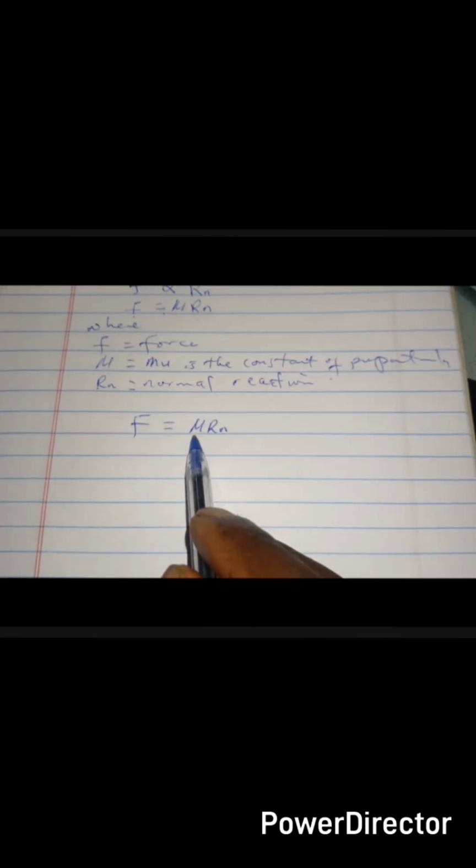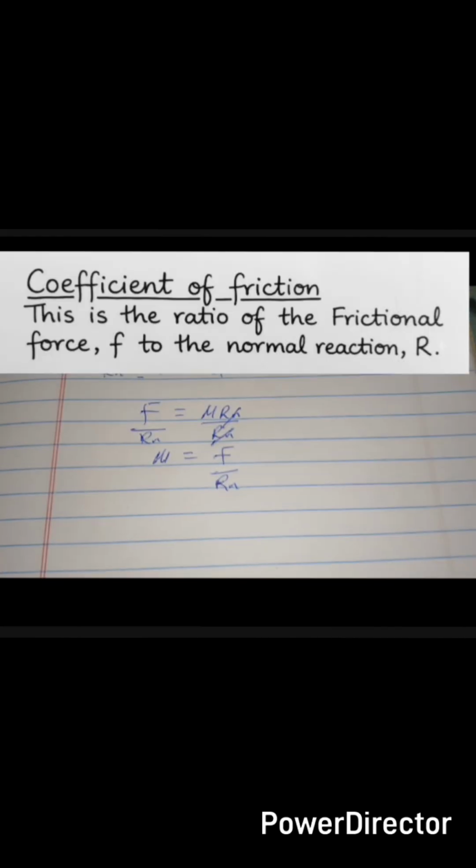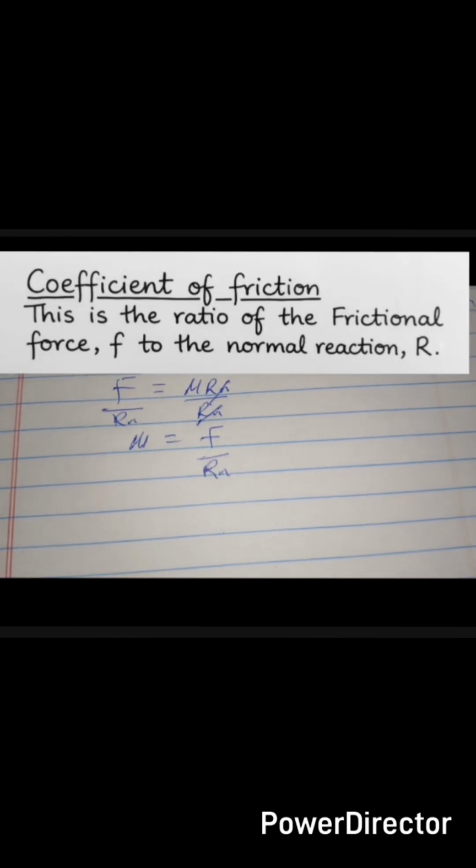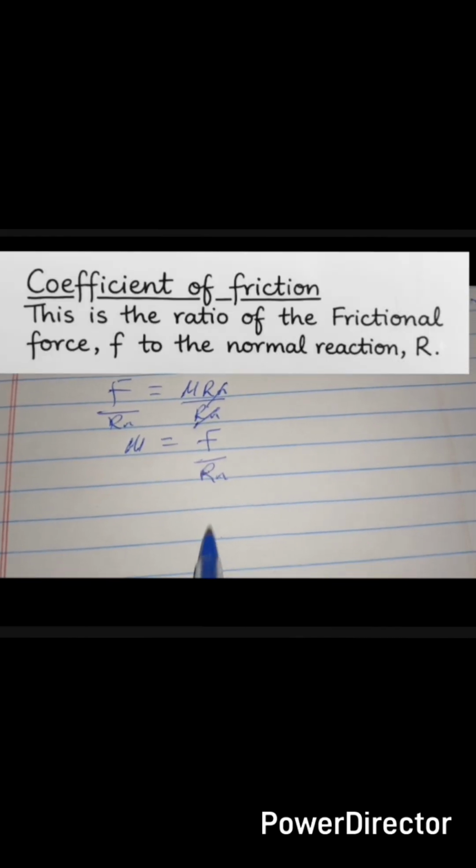We have F = mu R. Now, we can find the constant of proportionality by dividing both sides by the normal reaction. So, cancelling this gives us mu = F over R. So the coefficient of friction is the ratio of the frictional force to the normal reaction.